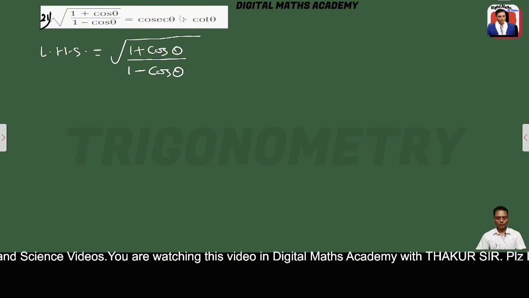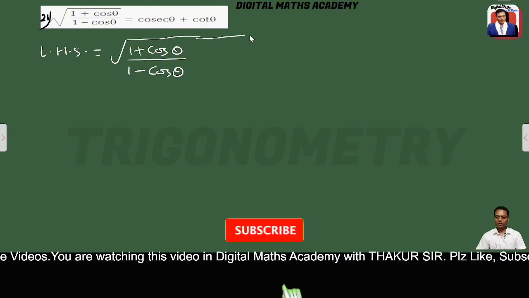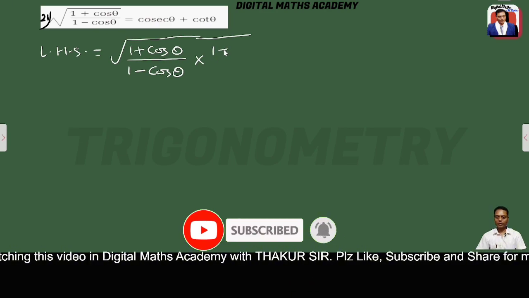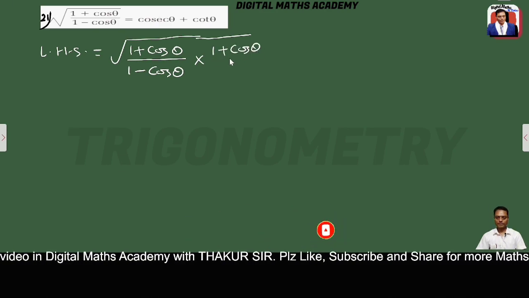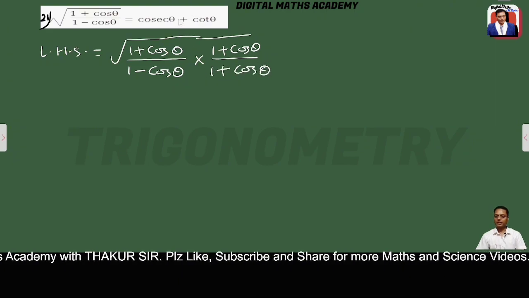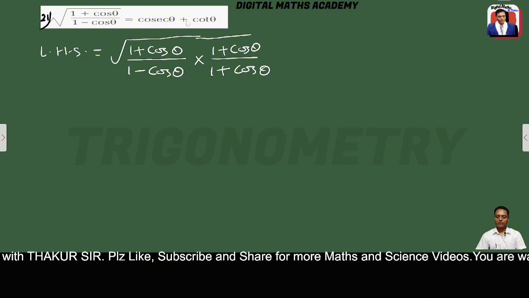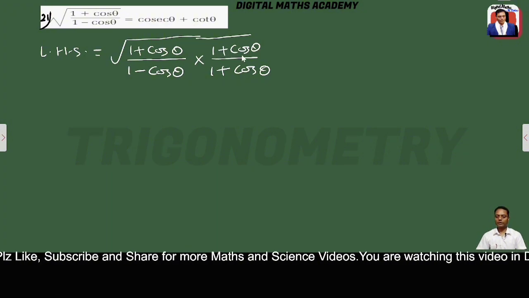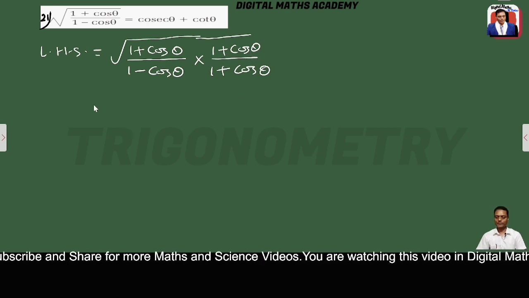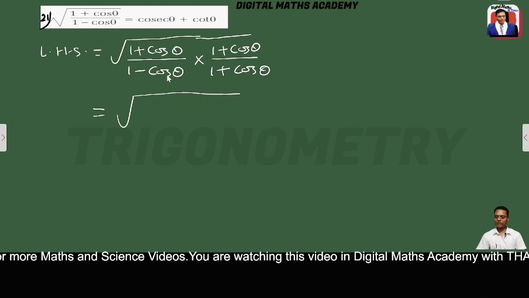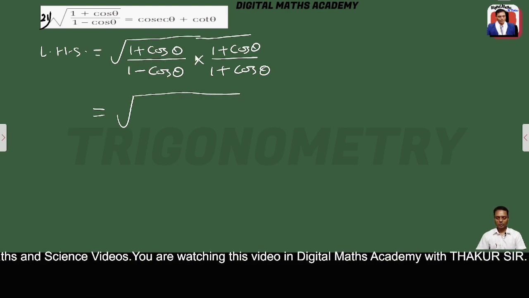The right hand side has a positive sign, so we are going to multiply the numerator and the denominator by 1 plus cos theta, because at the right hand side we have a positive sign. If there were a negative sign, we would multiply up and down by 1 minus cos theta.